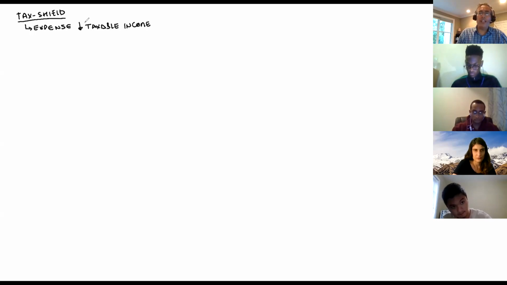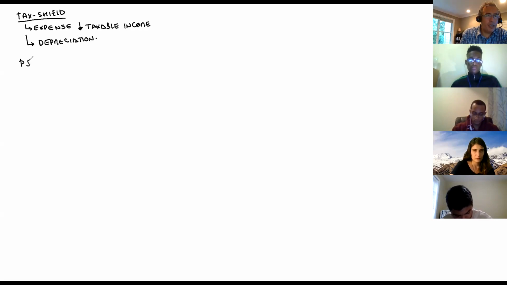So let's try to find an expense that reduces the taxable income. Of course, one of them, guys, is created by depreciation. Okay, so let's do one example. Let's assume that I have my P&L, my P&L without depreciation, just to show you how this works. And let's do a P&L with depreciation.